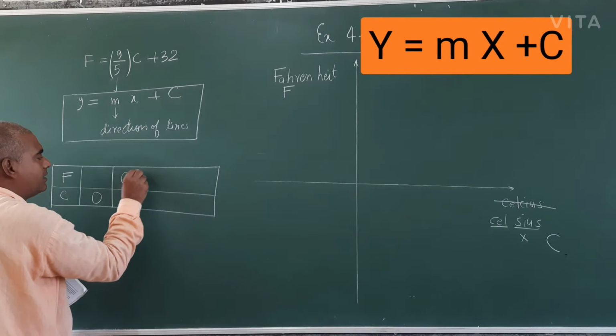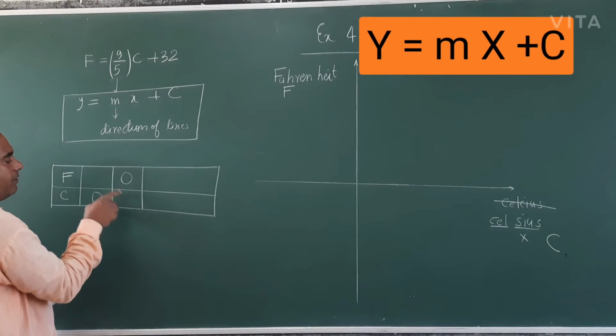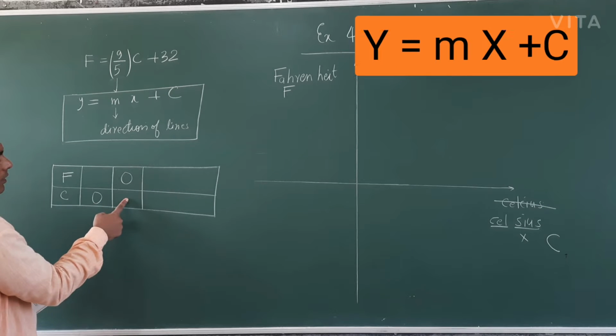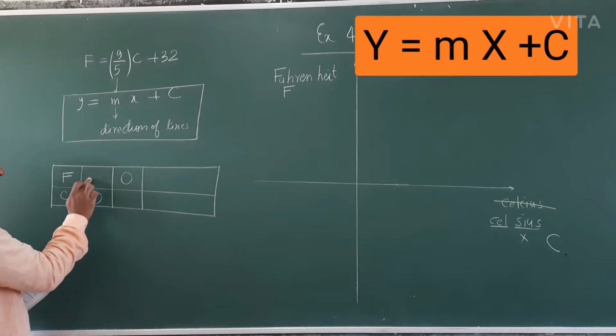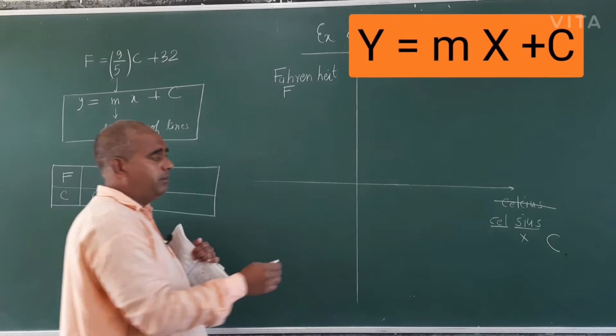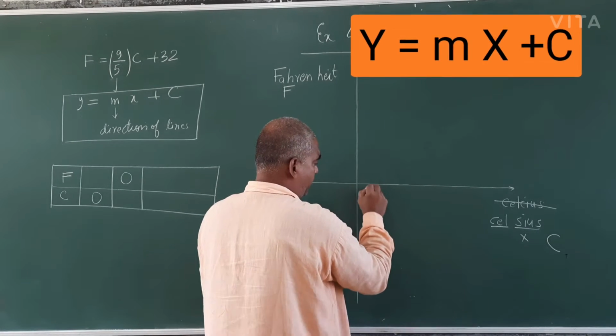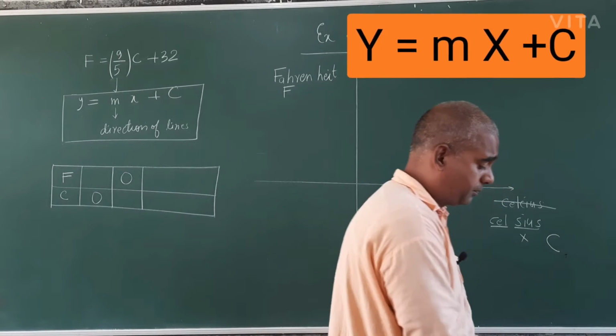So these two conditions. And if sometimes a value of C or F comes in rational numbers like 1 upon 2 or 3 upon 4, we will change to another value, because it is very easy to take integer values.